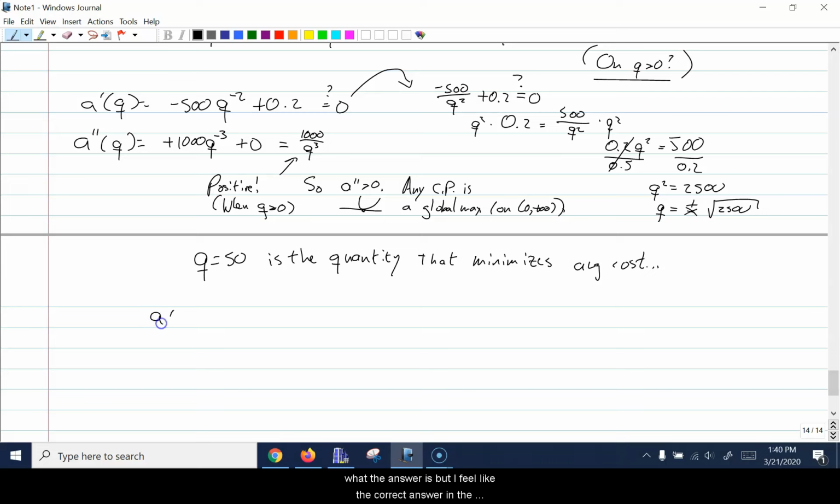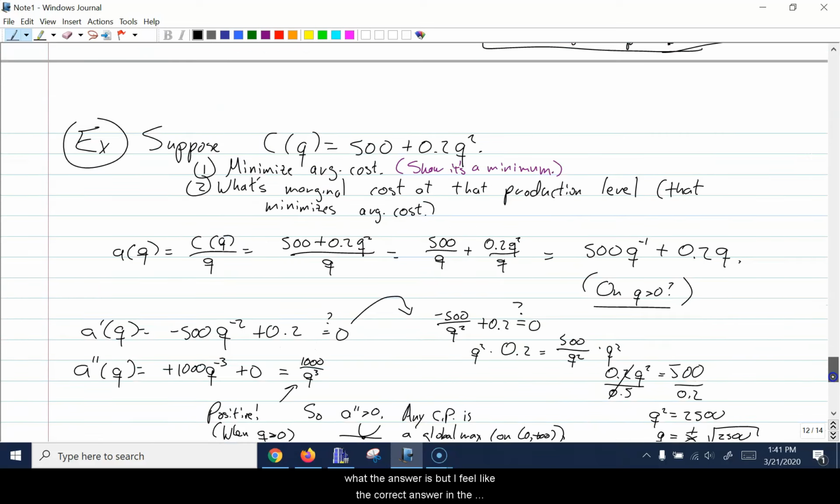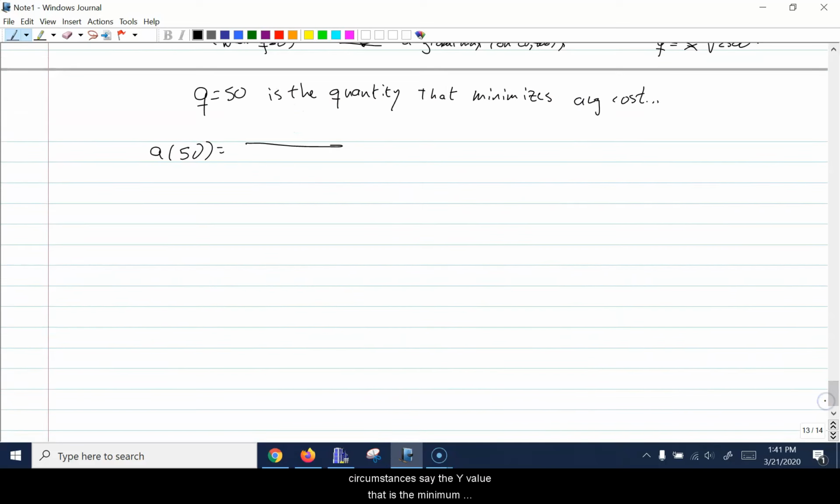Here the Q value of 50 is, where was our formula? It was the original divided by Q, so 500 plus 0.2 Q squared divided by Q. I don't need the split up fraction version because I'm not taking derivatives right now. This is the easier way to plug in numbers. 500 plus 0.2 times 50 squared is 2500, divided by 50. 1/5 of 2500 is 500. 500 plus 500 over 50, that's 1000 over 50.